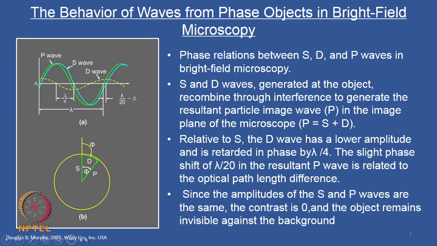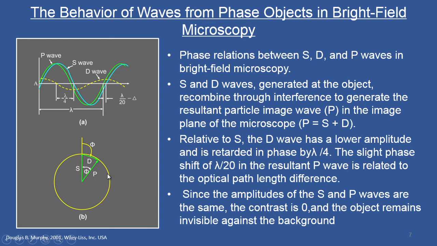So, look at this schematic B. The same thing is shown in polar coordinates, where you have this S and P in vectorial form. The length of the vector represents the amplitude of these waves, and this angle phi represents the phase displacement.